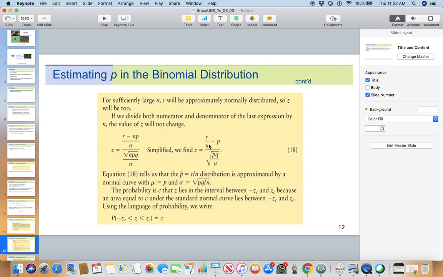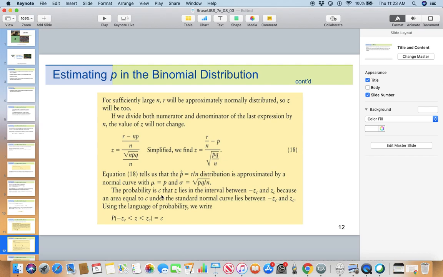So, what is this? This is P hat. The P hat distribution is approximated by a normal curve. Its mean is P and its standard deviation is this. That's all we are saying.